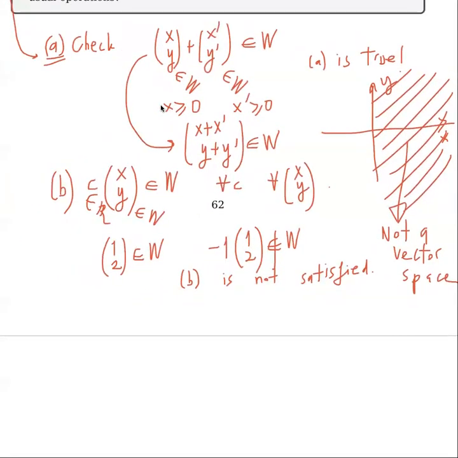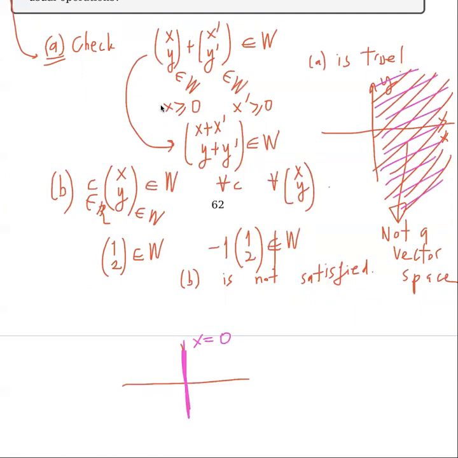So for part B, what does x equals 0 mean? x equals 0 really means this line, right? This is the line where x is 0. This line is a vector space, but this region is not a vector space geometrically. So we will talk about the picture of vector spaces.